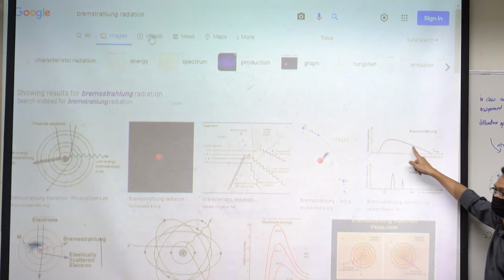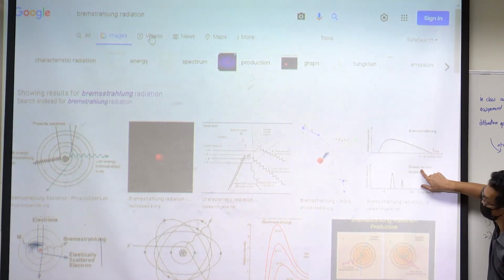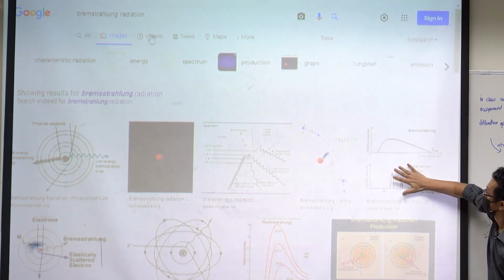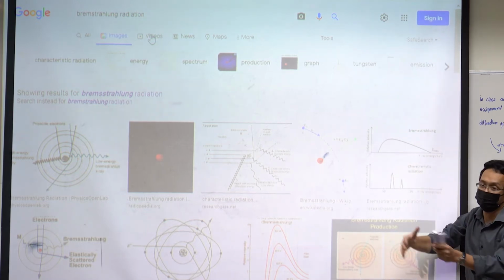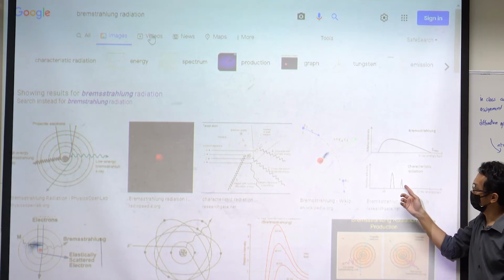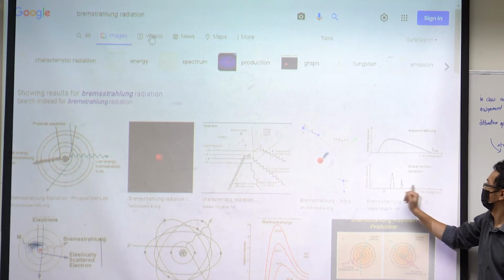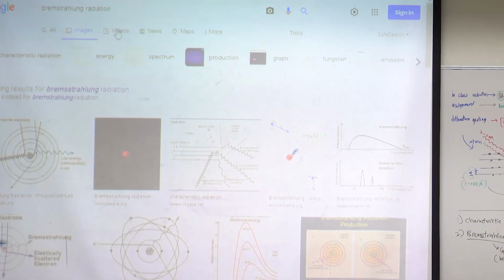It accounts for 80%. But for the characteristic radiation, a sharp peak like that. This peak allows you to characterize what it is, because different atoms have different characteristic patterns.